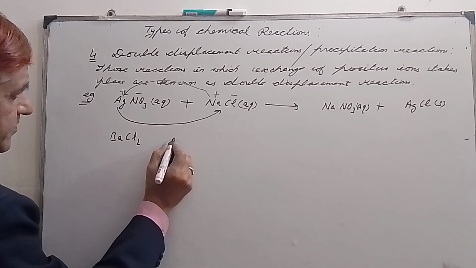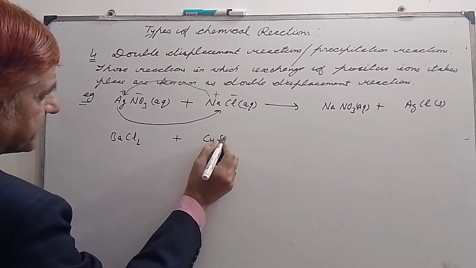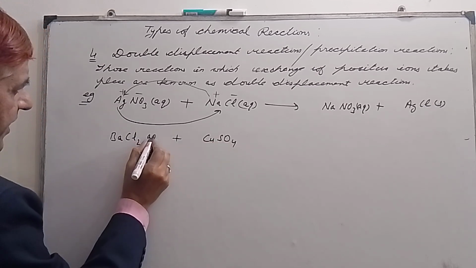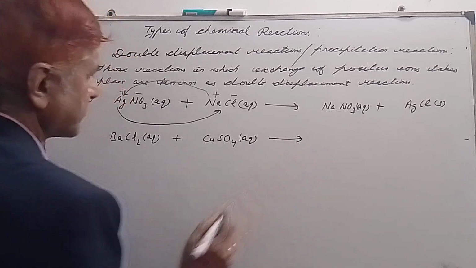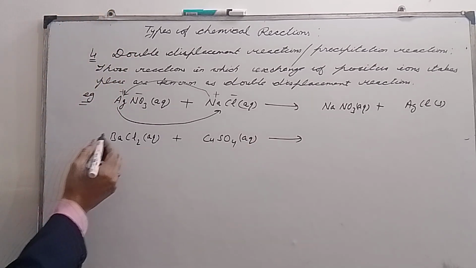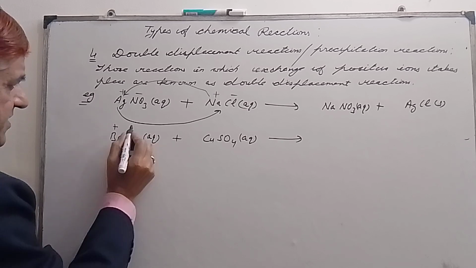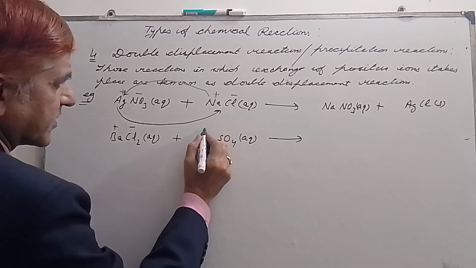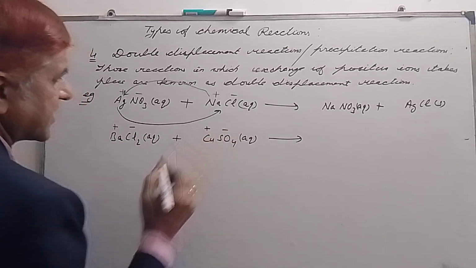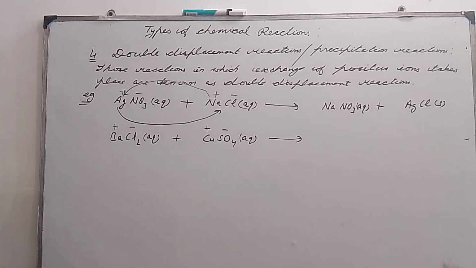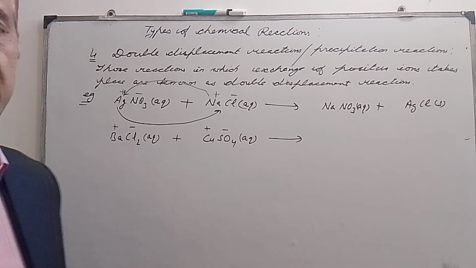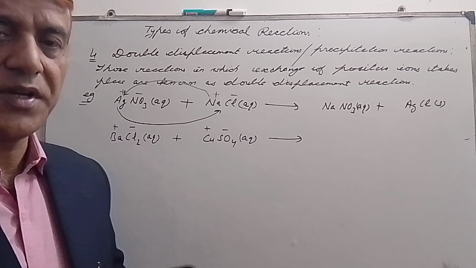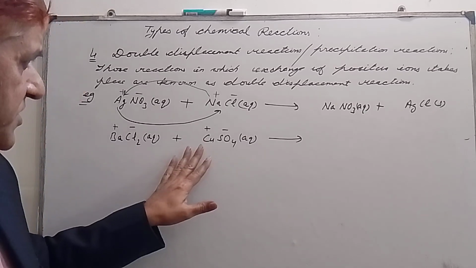Barium chloride plus copper sulfate, aqueous. Metal positively charged, non-metal negative. So again there will be exchange of ions. There is simply exchange of ions. You should not be confused.